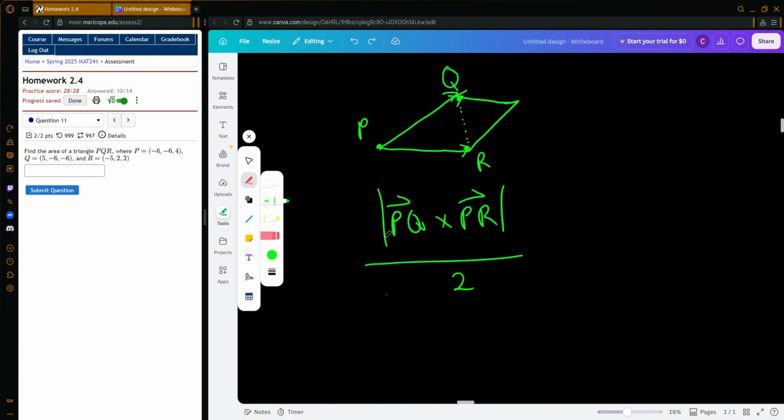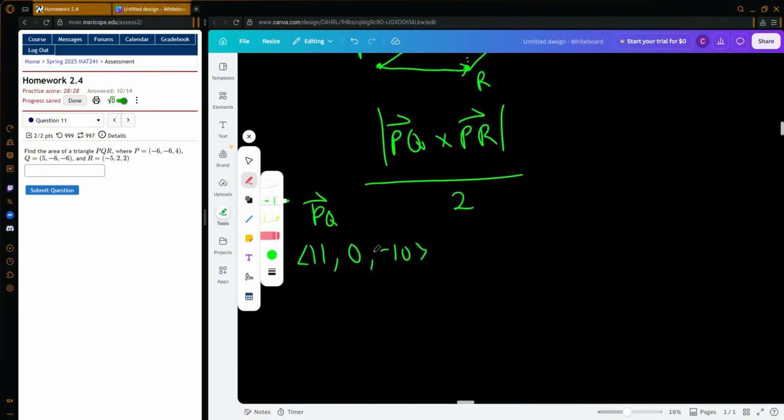So first we'll find PQ, so it's going to be Q minus P. So it's going to be 5 minus 6, which is negative 1, negative 6 plus 6 is 0, and then negative 6 minus 4 is going to be negative 10. So this is our first vector, PQ.